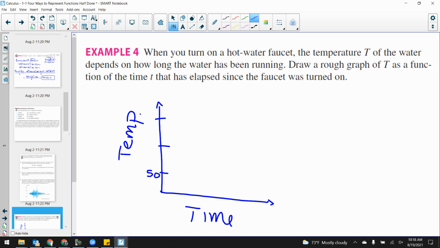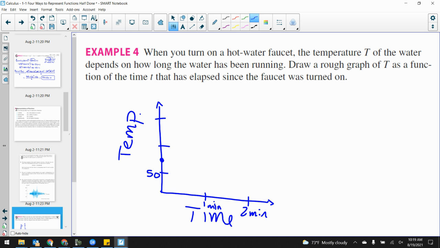And let's say minutes. 1 minute, 2 minutes. And it's probably going to start out somewhere roughly around 75 degrees. It's probably somewhere in there.